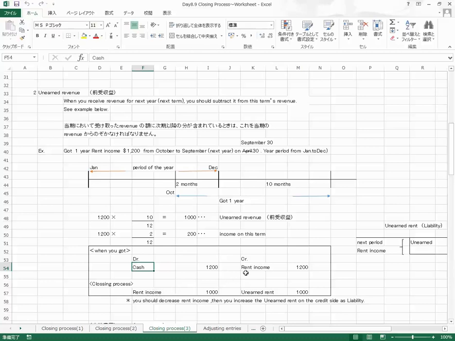So then you record rent income debit side 1,000 and unearned rent 1,000. You should decrease rent income, then you increase the unearned rent on the credit side as liability.